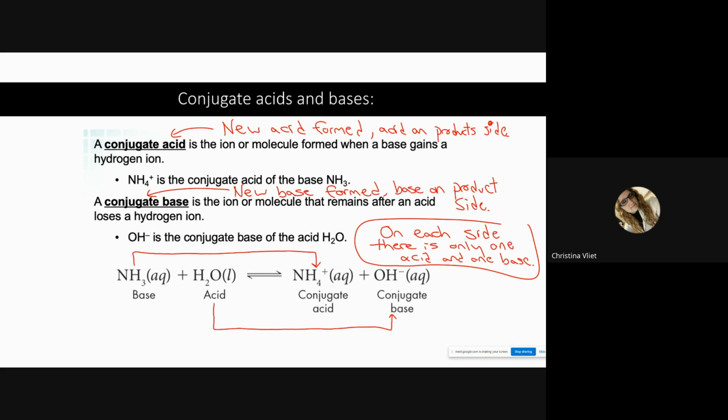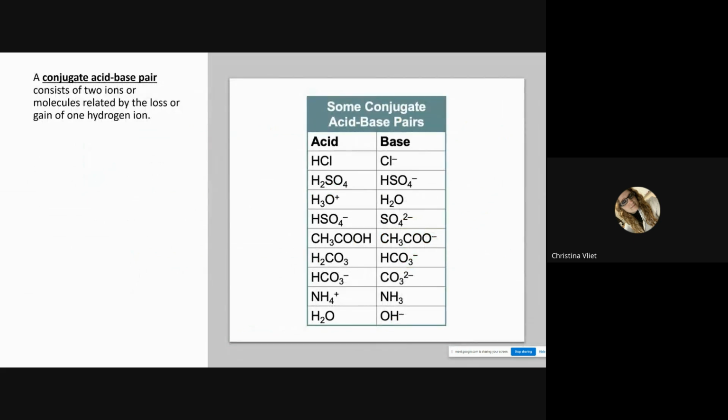On the next slide, I just wanted to show you a conjugate acid-base pair is the acid version of the compound and the base version of the compound, which means the one that has the extra H plus and the one that has lost the H plus. So just to make a little note there.